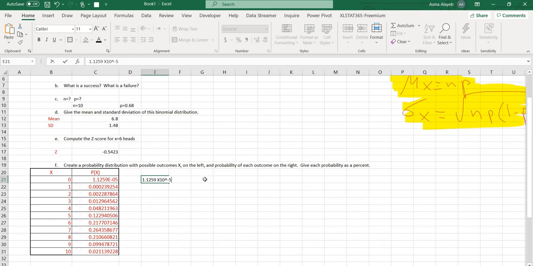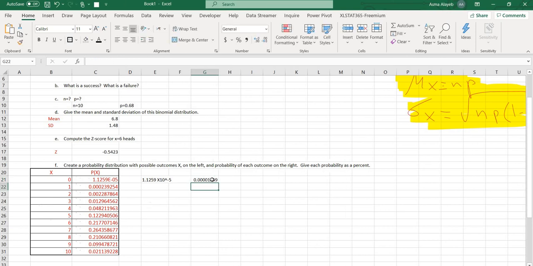This is scientific notation. And to translate it into a number that we understand, that means we're going to push the decimal to the left 5 spaces because it's negative, so it's going to go to the left. How many spaces? 5 spaces. So the number is going to be 0.000011259. So that will be the actual number.